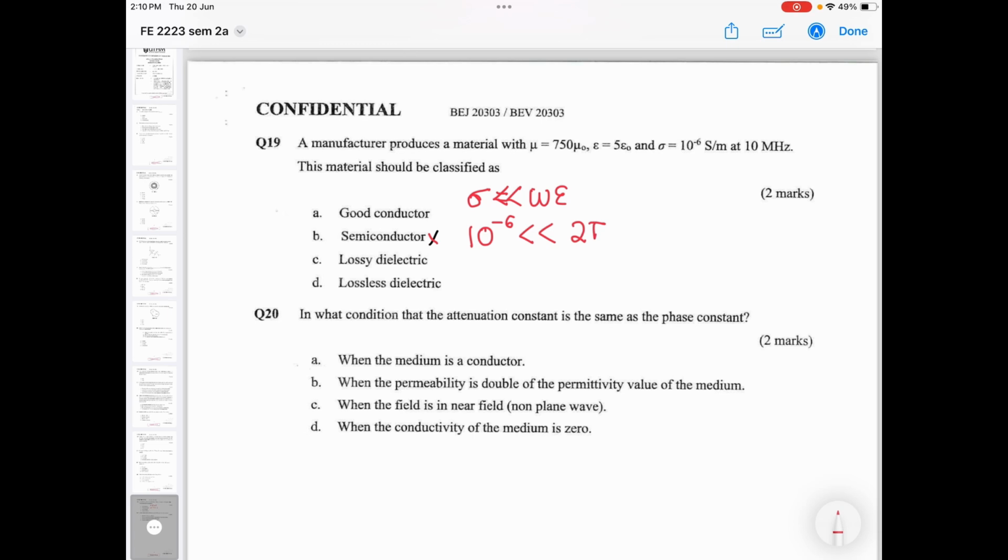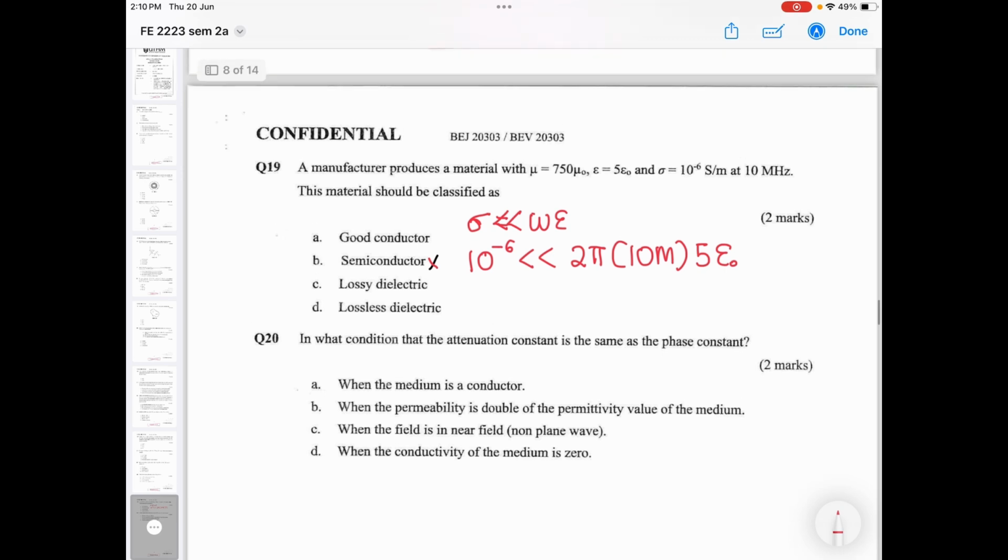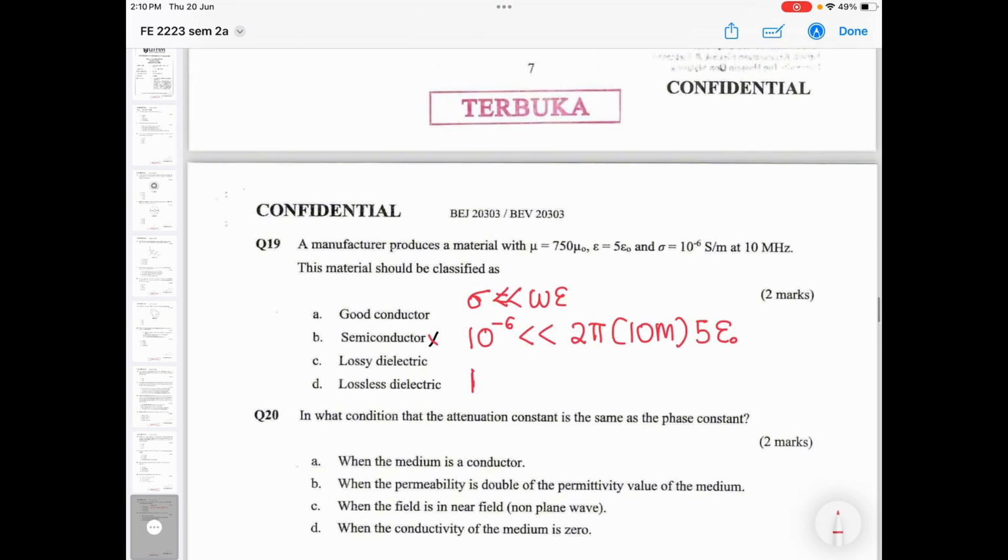Omega is 2 pi f. f is 10 mega, and it is 5 epsilon naught. So it would be 2 pi multiplied by 10, and the answer over here is 10 negative 3.